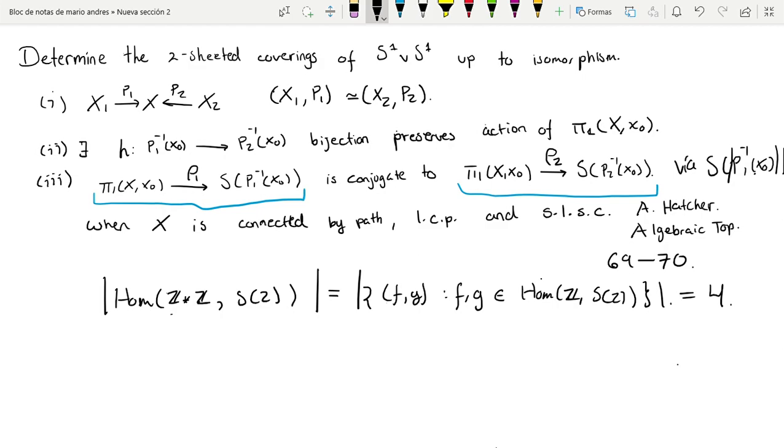So we need to determine the conjugacy class of each one of those actions via an element of the S2 group.